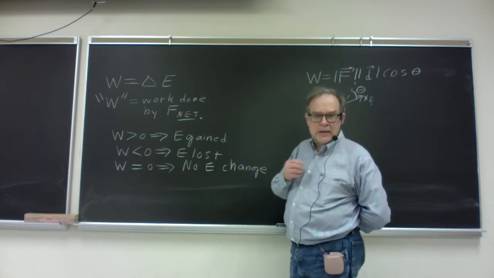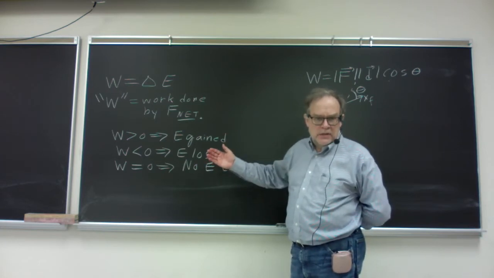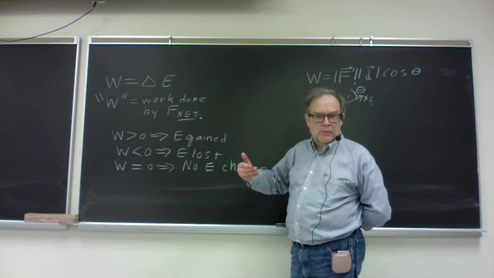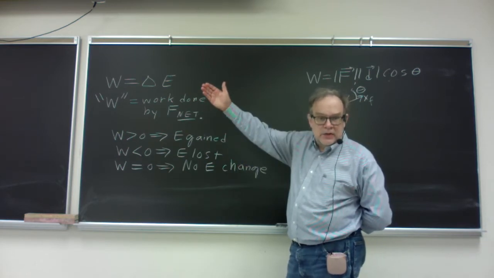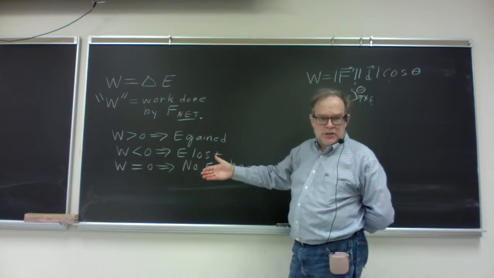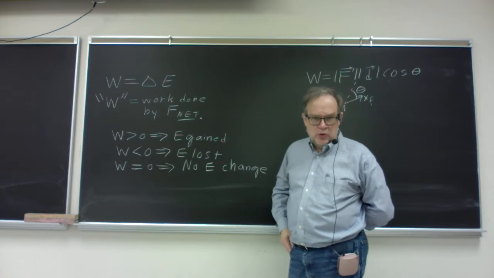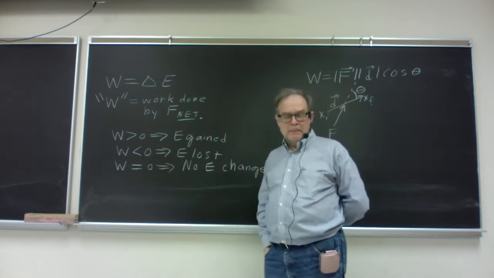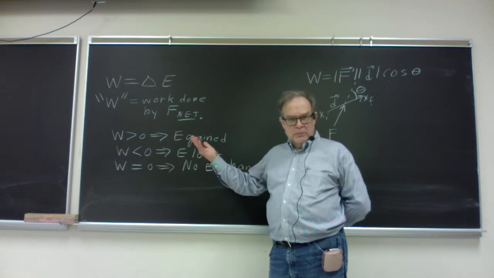Energy is gained by the object or system. Negative work means energy is taken away from the object, taken away from the system. A negative energy change. And then, of course, zero work means no change in the system's energy or no change in the object's energy. So, the numerical value of work is important.